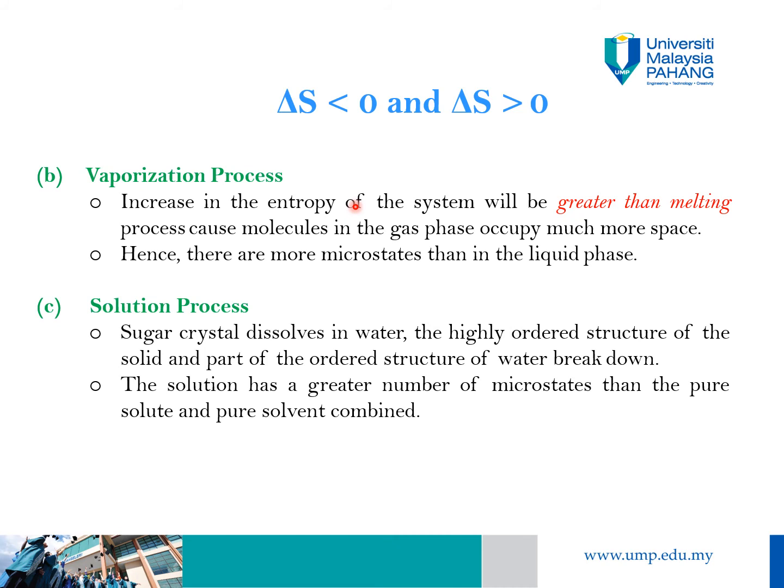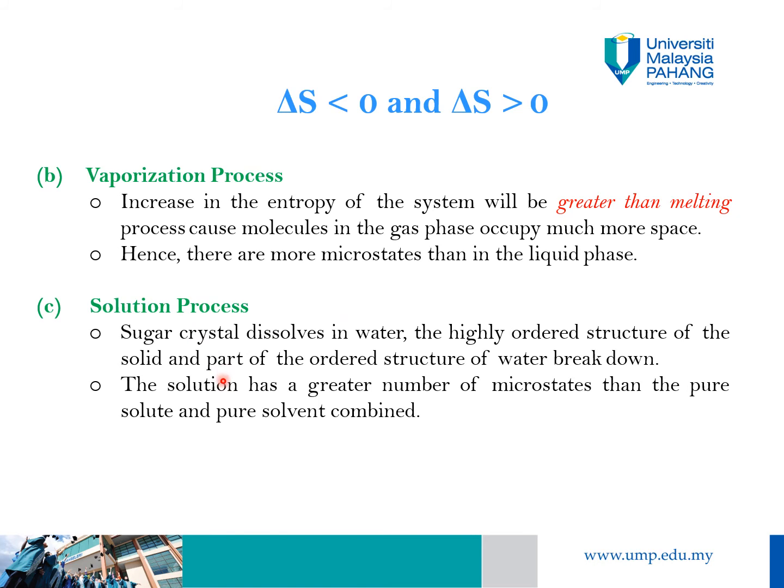Conversely, a process that reduces the number of microstates yields a decrease in the entropy of the system, which means delta S is smaller than 0. Okay, if the change from initial to final results in an increase in randomness, meaning delta S is positive, the process is favorable and a spontaneous reaction.